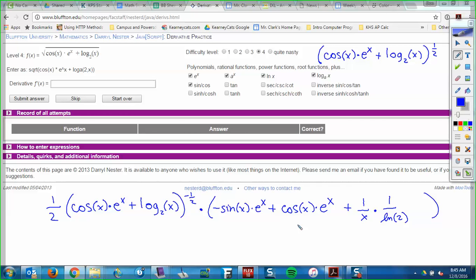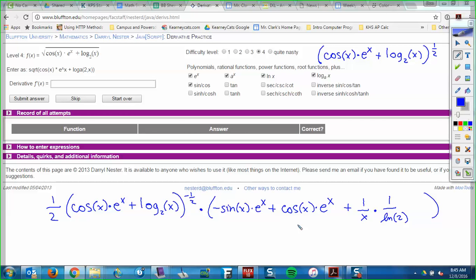The thing with the triple product rule just means, if you have A times B times C, you just treat that as one thing, and then you treat that as another thing. So this is your U, this is your V. So it's U prime V plus U V prime, right? Well, when you go to do the U prime, you're going to have a product rule, right? So you'll have one product rule just for the U prime.